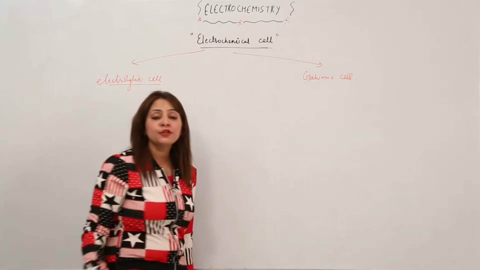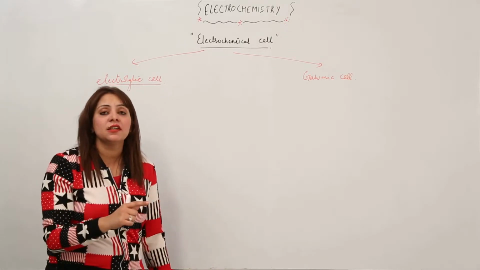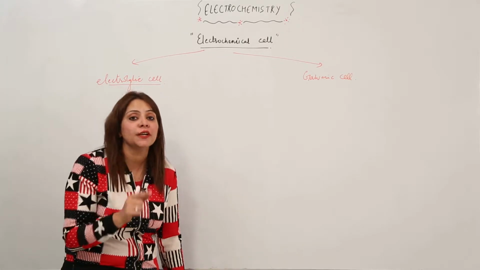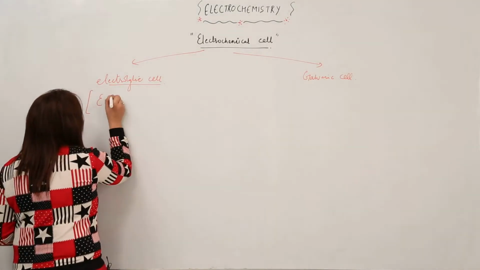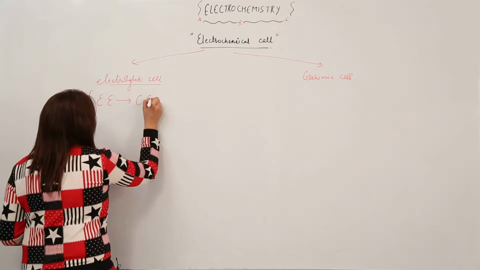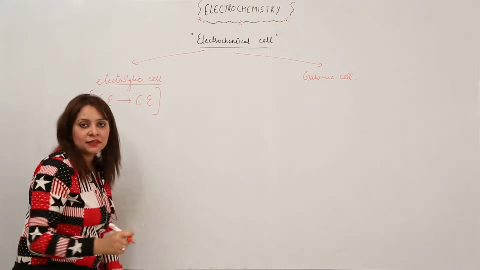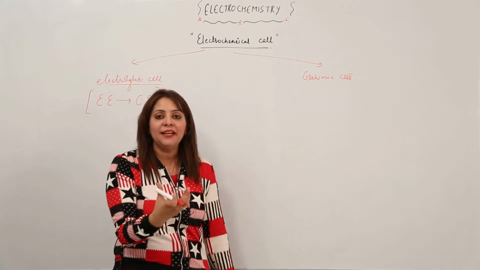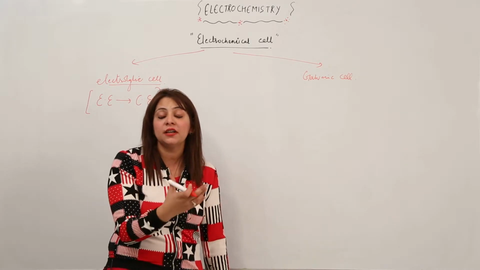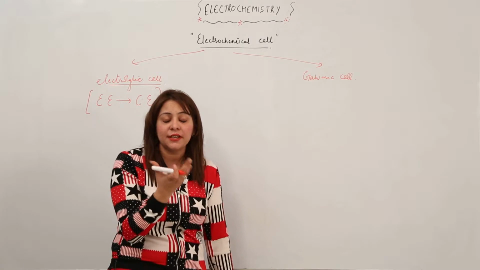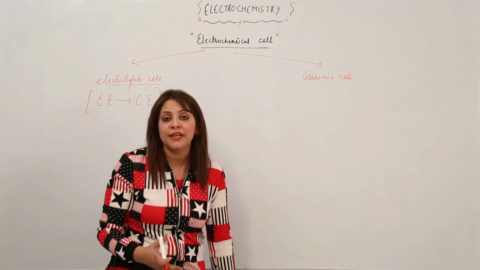So first of all, you should know which kind of conversion occurs in these cells. In the electrolytic cell, electric energy is converted into chemical energy. By looking at it, it should be clear that we will be applying an external source of current, and due to that external source, the chemical reaction will take place, right?